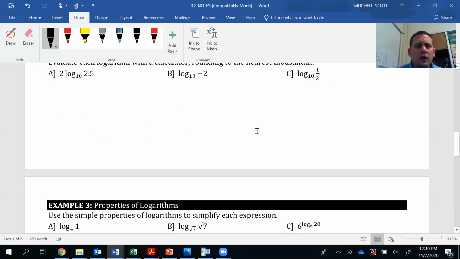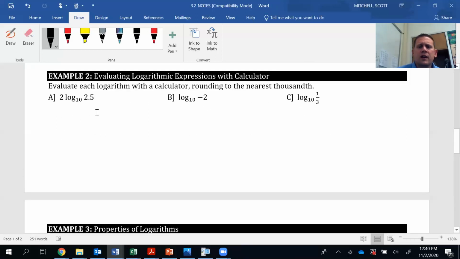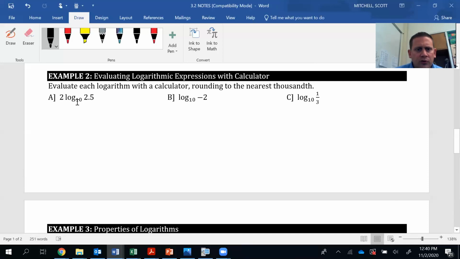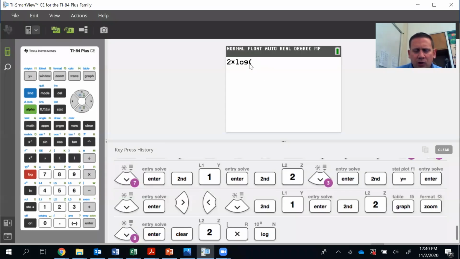So here we go. Evaluate each logarithm with a calculator, rounding to the nearest thousandth. So let's go to our calculator. Now these are all log base 10 questions, I believe. Notice log base 10, log base 10, log base 10, just looking at A, B, and C. When you type the log in here, it is automatically base 10.